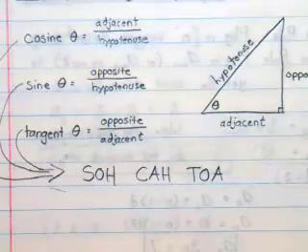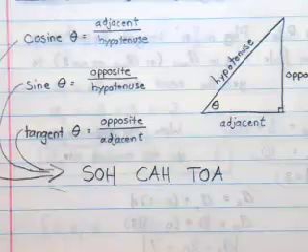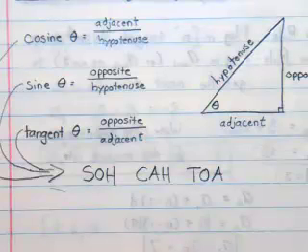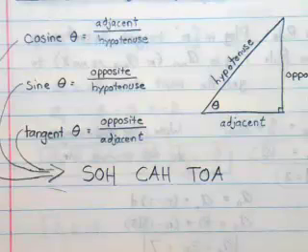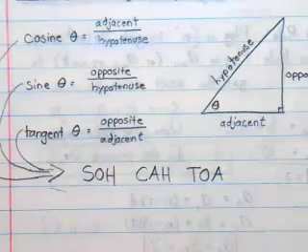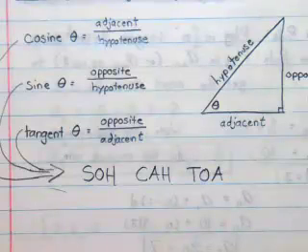I probably should have done sine as the first one up there to keep it in the same order. But sine is the opposite over the hypotenuse. Cosine is the adjacent over the hypotenuse. Tangent is the opposite over the adjacent. Okay? So it's a quick reference to tell you what's what.